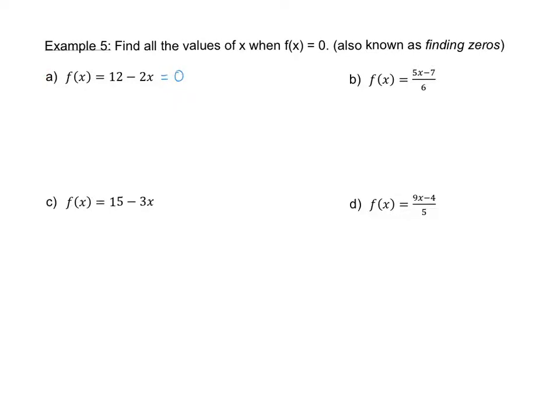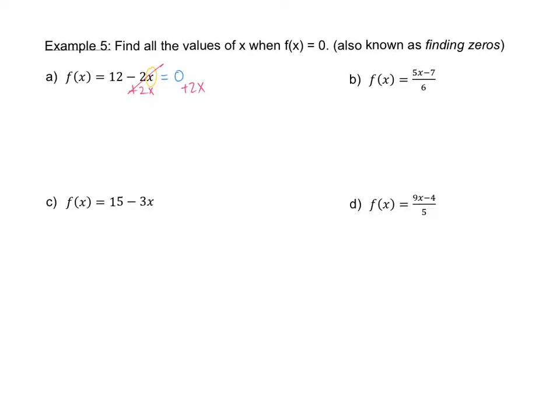You're going to set it equal to 0, and then just ignore this part here and just focus in on solving that equation by trying to get the x by itself. So in this case, I think it would be a lot easier to add 2x to both sides.